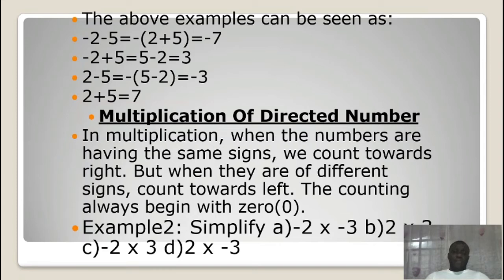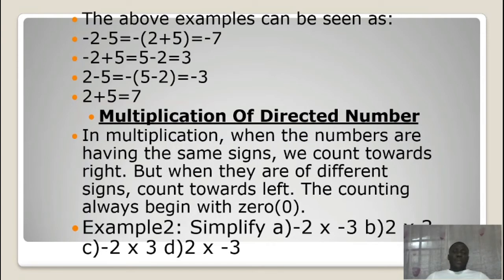So in another case where we have 2 minus 5, I said if you have two different signs and you are carrying out an operation, the first thing you need to do is check their nature. Are they the same nature or different in nature? If they are different in nature, just like this, 2 minus 5, the first thing I did here, I put open bracket, 5 minus 2.